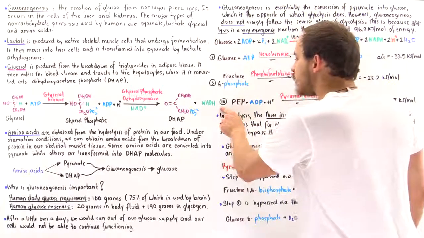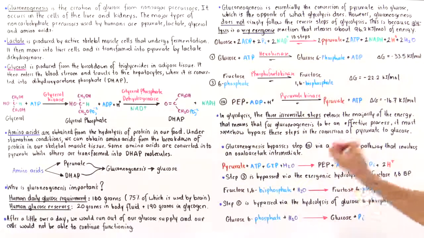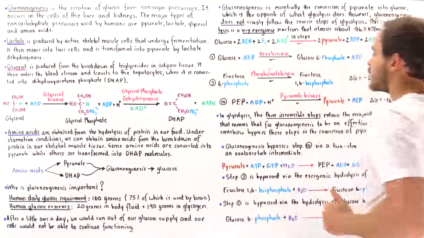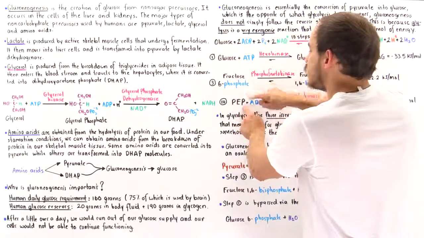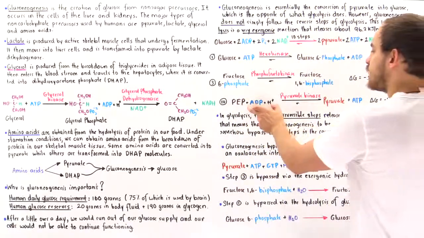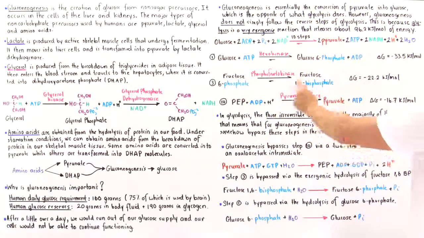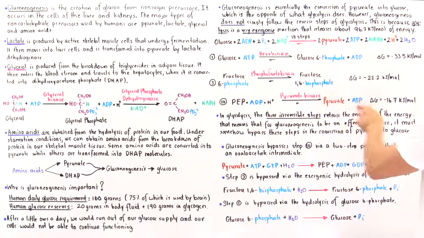And the final step is also an exergonic process. This is catalyzed by pyruvate kinase. So we have PEP, which stands for phosphoenolpyruvate. In the presence of these two, we basically transform that into pyruvate and ATP. And this releases 16.7 kilojoules of energy.